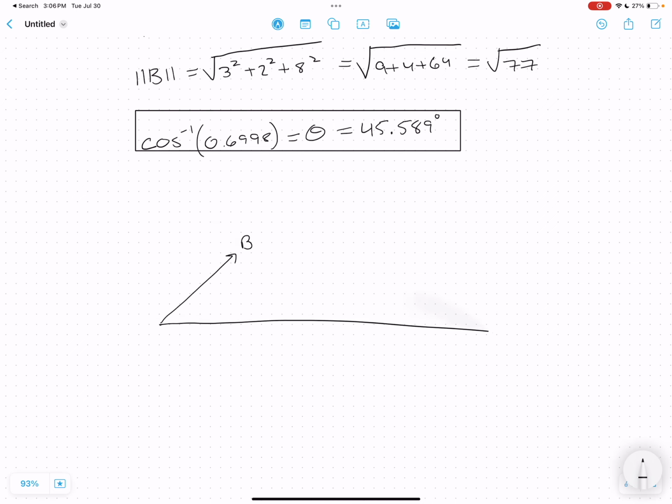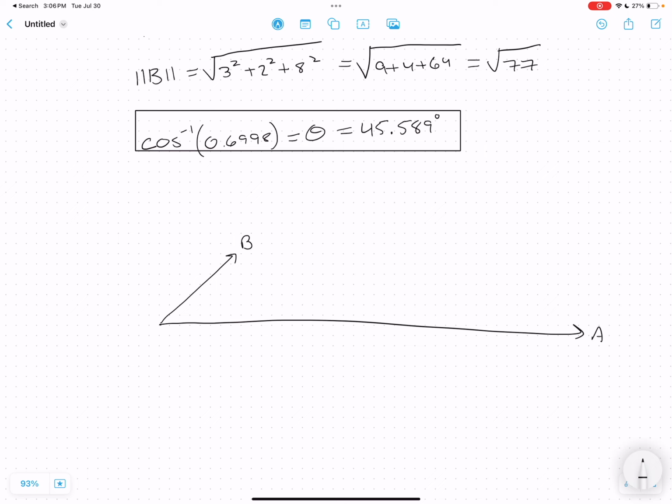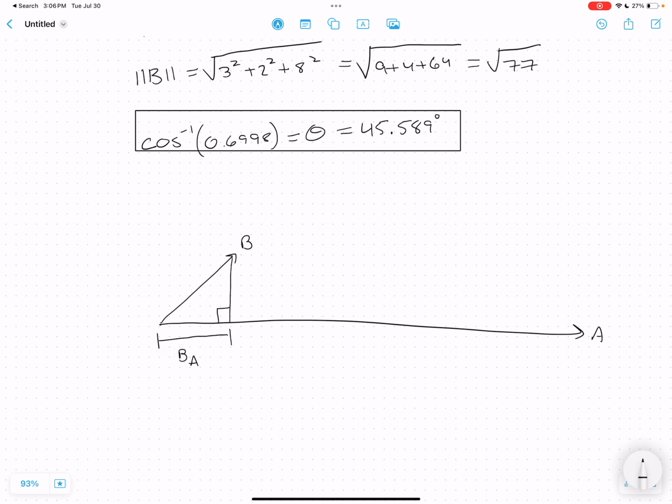Imagine this is vector B, and this is vector A. If we create a right triangle where this is the right angle, we call this length right here B projected onto A. Similarly, if the right angle were up here instead, that would be A in the direction of B. It's the direction of B, not B itself, so imagine A coming way up here, and then you have a right angle.